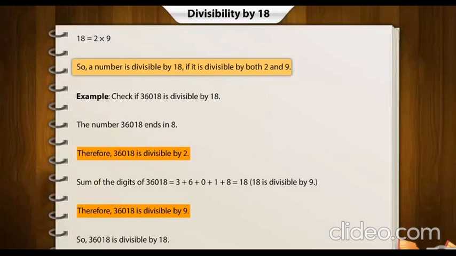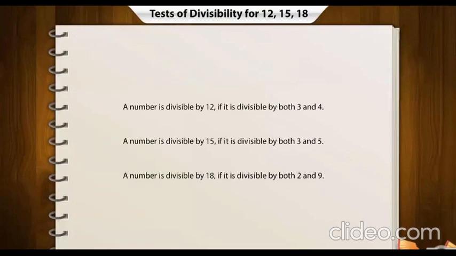Again, let's check this by actual division. We see that 18 exactly divides 36,018 without leaving a remainder. We have now seen that the divisibility of a number by 12, 15 or 18 depends on the divisibility of the number by their individual factors.